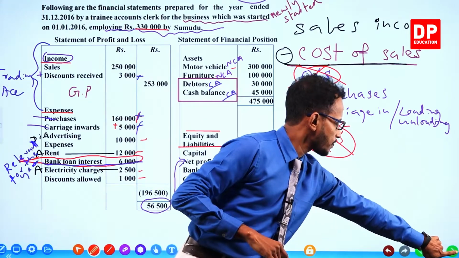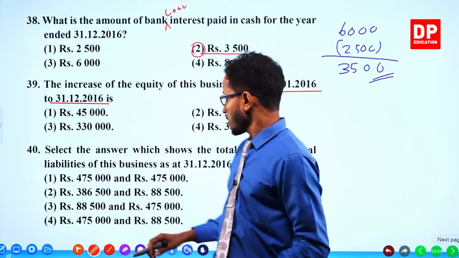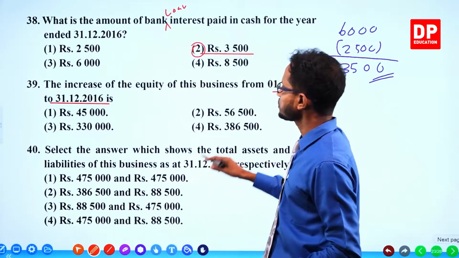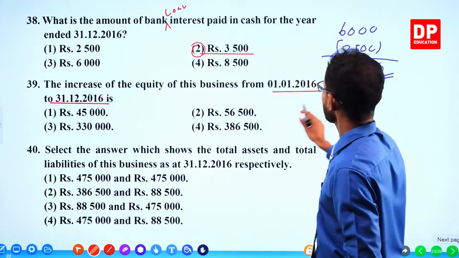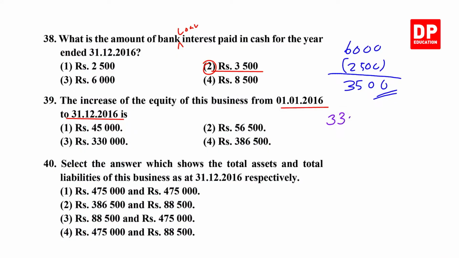Let's go and see. 330,000 plus 56,500: 386,500.